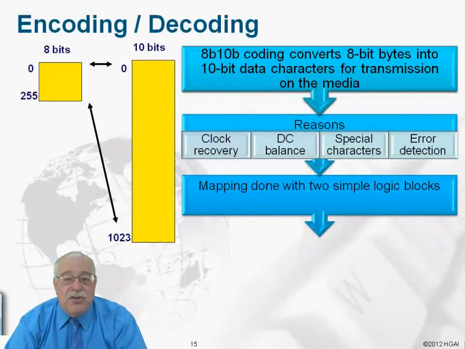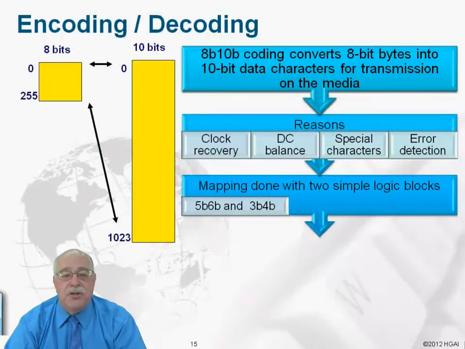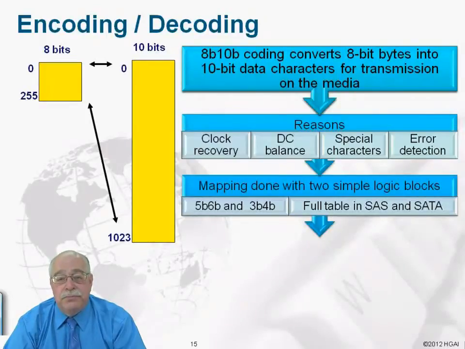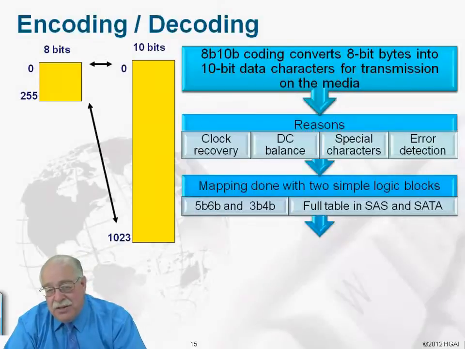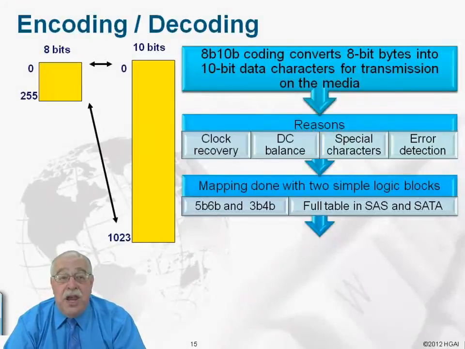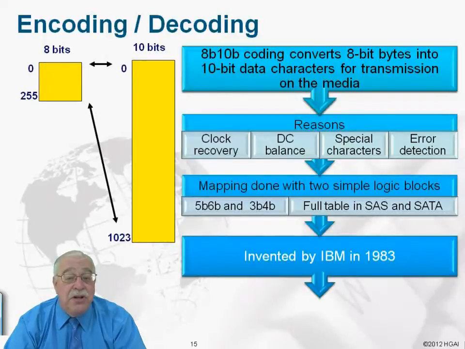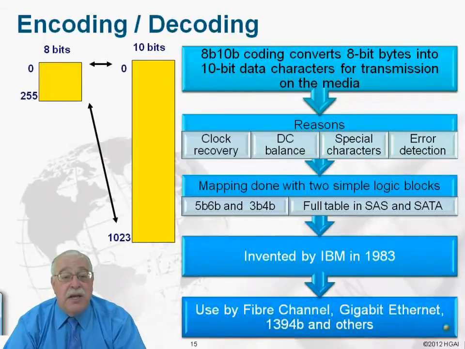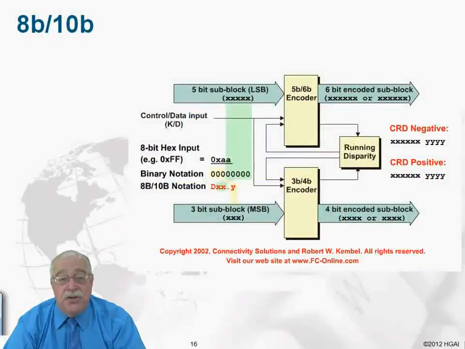The mapping is actually done with two logic blocks, a 5b, 6b encoder and a 3b, 4b encoder. And by the way, SAS, SATA, Ethernet, PCI Express, they all use 8b, 10b encoding, and it was invented by IBM in 1983. It's used by Fibre Channel and, as I said, other technologies as well.